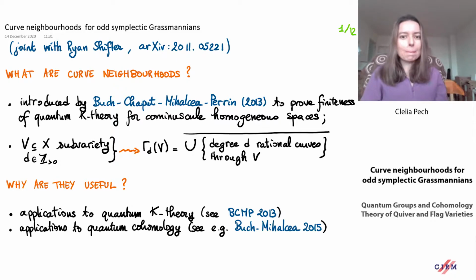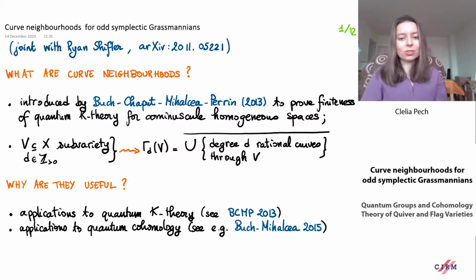In what I'm going to do, our subvarieties are going to be Schubert varieties of these slightly unusual spaces, which are odd symplectic Grassmannians. There are several uses for curve neighborhoods. One of them, as I said, is quantum K-theory.